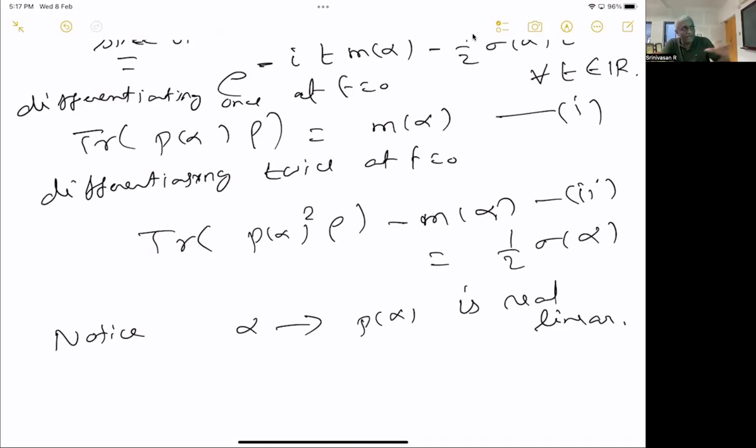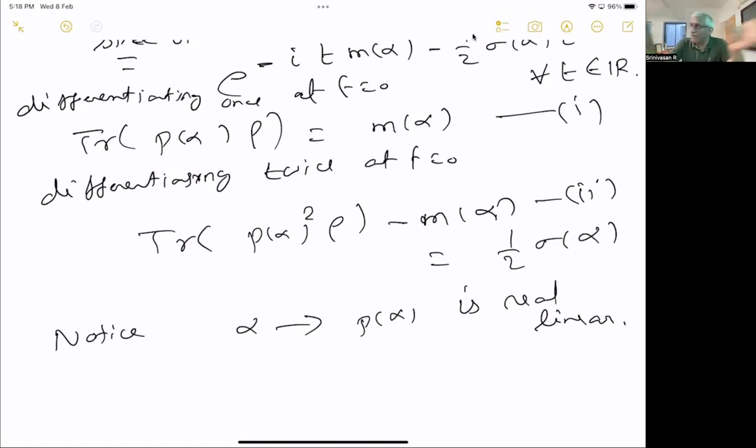This P(alpha) is actually a linear combination of the annihilation operator and the creation operator, which we defined as P(alpha) minus i times P(i alpha). And if you take plus in the middle, then that is the creation operator. One of them is complex linear, another one is conjugate linear, or anti-linear, whatever you want to call it.